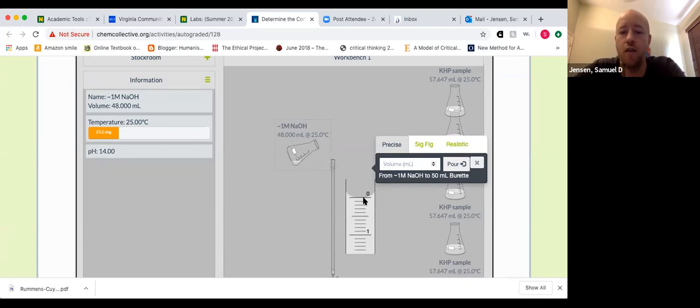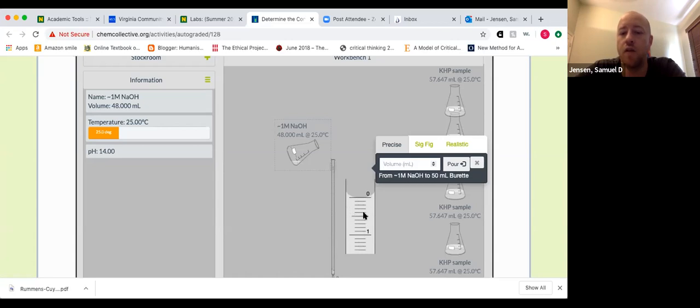You can read between 0 and 1 milliliter, and you can see there's 0.1, 0.2, 0.3, 0.4, 0.5, 0.6, 0.7, 0.8, 0.9, 1 milliliter. So there are 0.1 graduations on a burette, which means if it was in between 0.4 and 0.5, I could see that, and I would have to estimate the last digit.